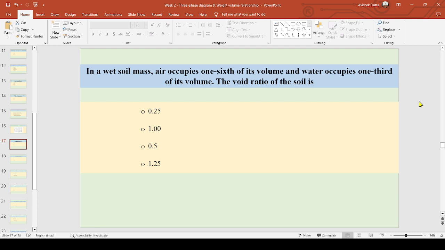The void ratio of the soil is. Your options are 0.25, 1, 0.5, or 1.25.